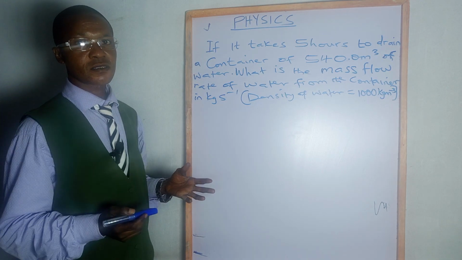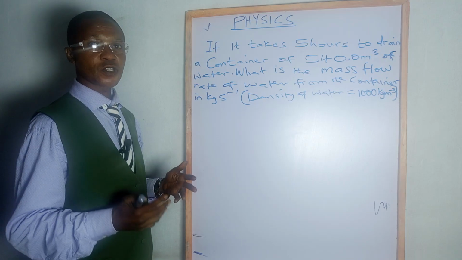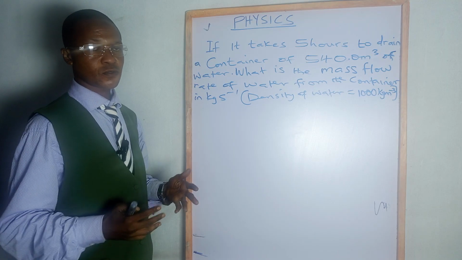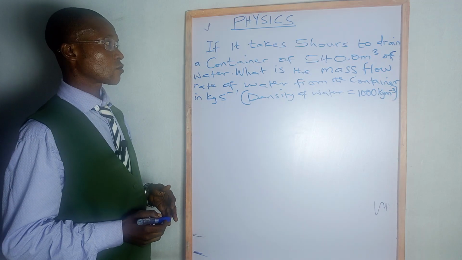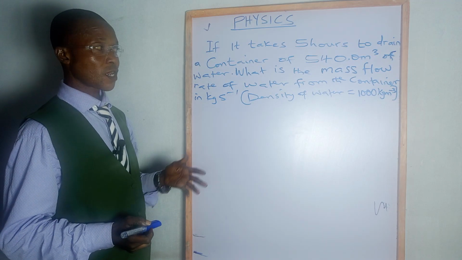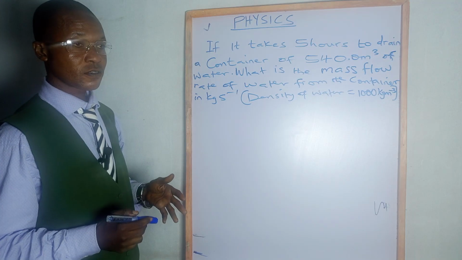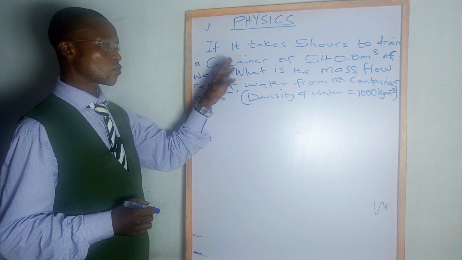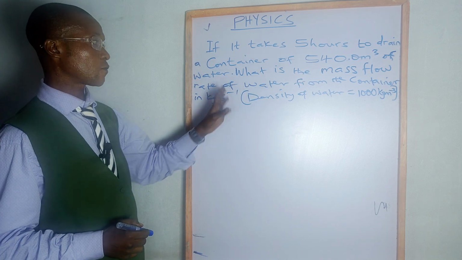The flow rate can be defined as the speed at which fluid passes out from a container or a vessel or a channel. So then we have two types of flow rates: the mass flow rate and the volumetric flow rate. For this question, we are limited to only mass flow rate.